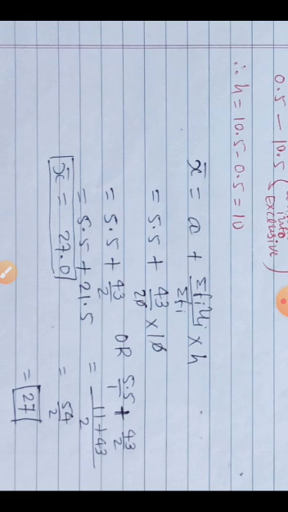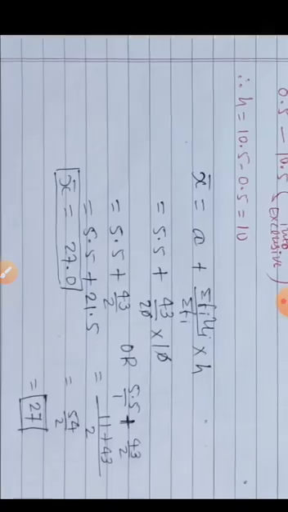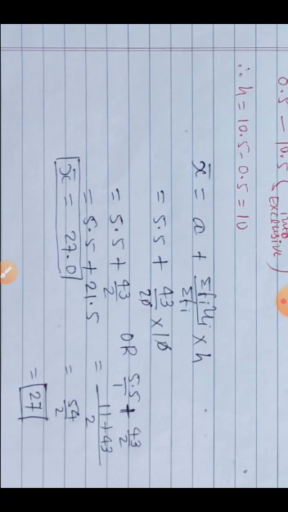So today the step deviation method is not very different from the assuming method. Only a slight difference is there, that is, instead of di we have used ui, and the formula is new, meaning here h is used.